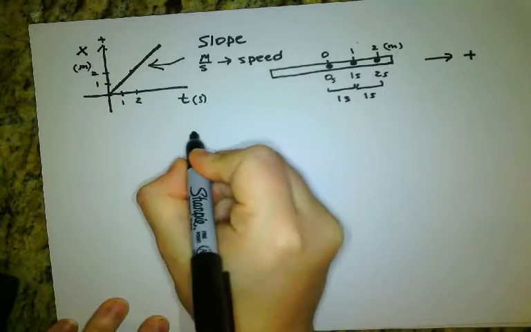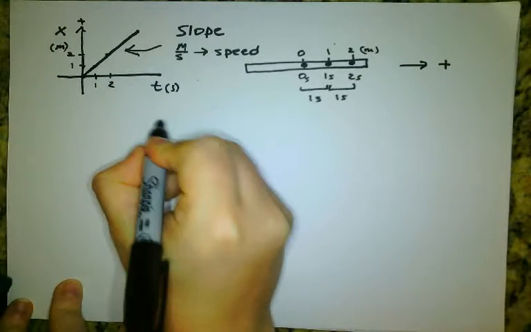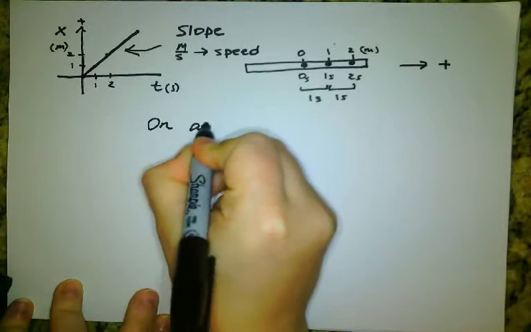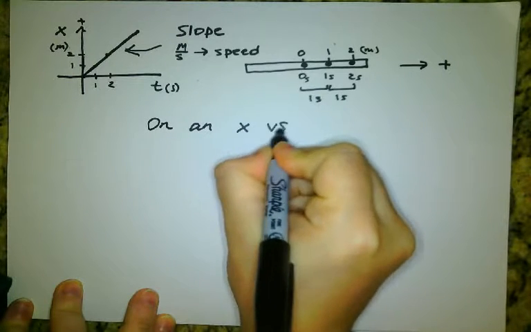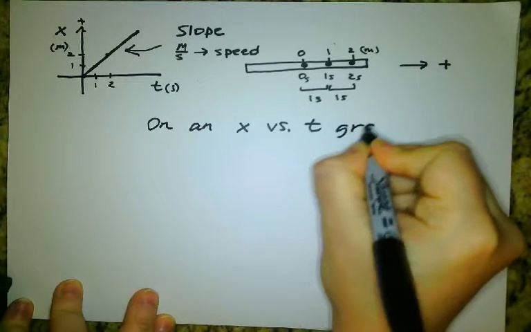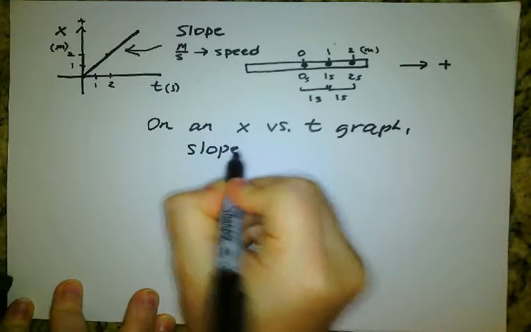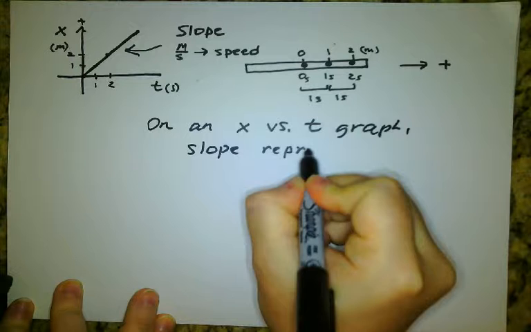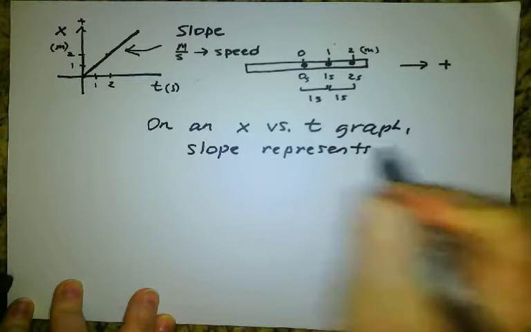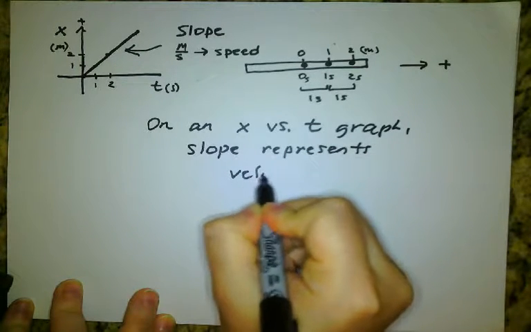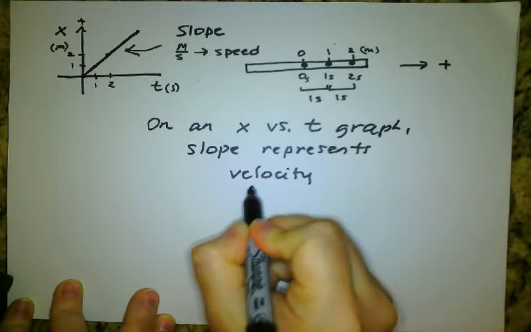So basically, to sum it up, on a position time graph, and I'm going to say on an X versus T graph, the slope represents velocity. And velocity is made up of two parts.